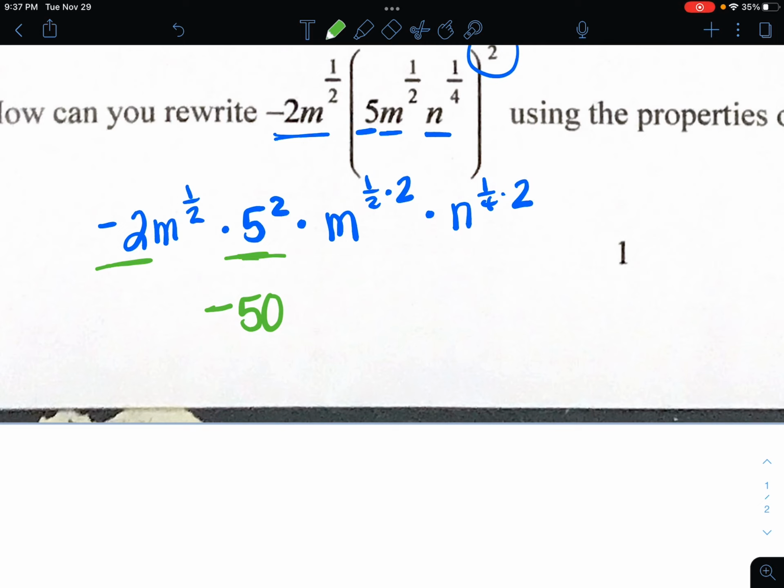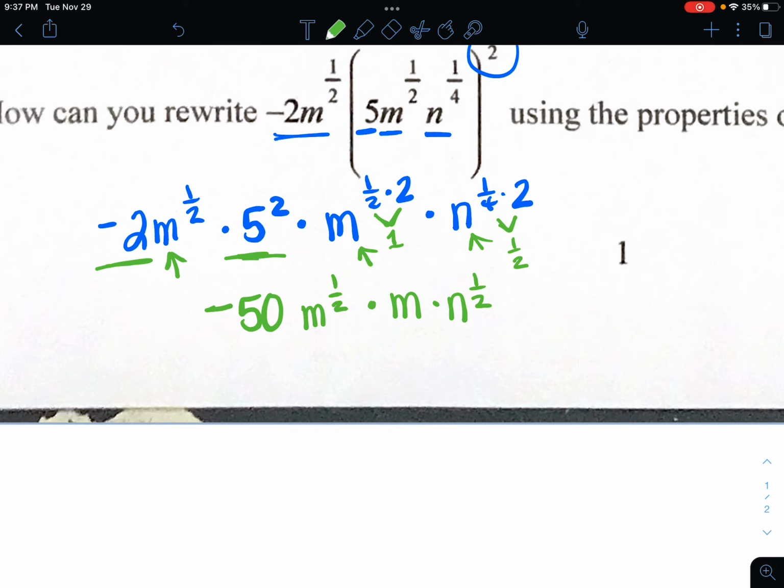Also, I know right here, 1/2 times 2 is 1, and 1/4 times 2 is 1/2, right? So I'm going to go ahead and multiply those together. So this is still m to the 1/2. And this right here turns into m to the first power. And this is n to the 1/2 power.